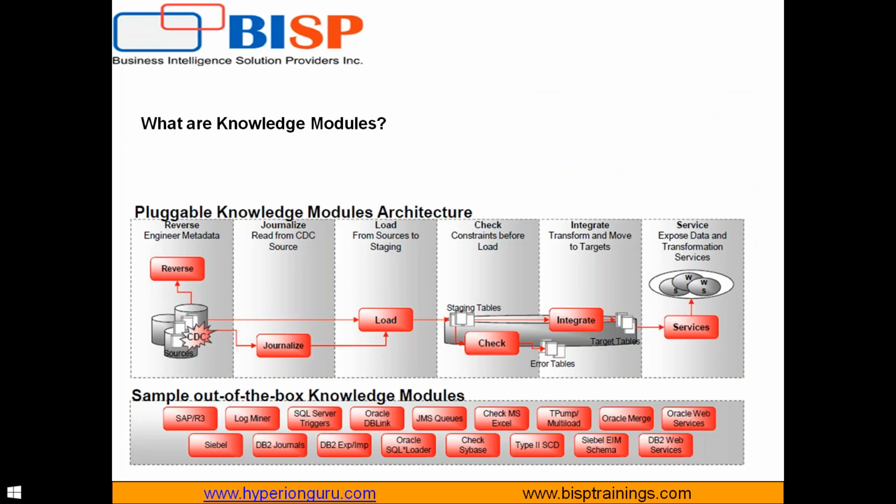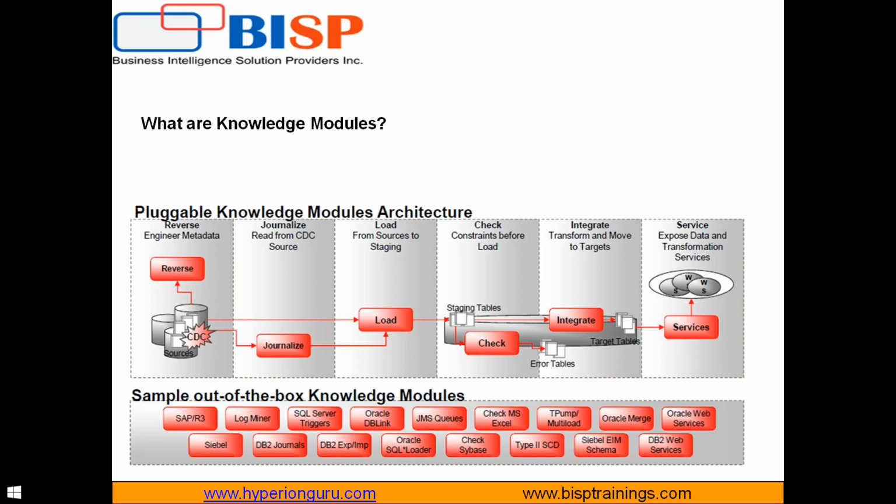There are 6 groups of knowledge modules, which are called RKM, JKM, LKM, CKM, IKM, and SKM. These are the 6 categories, and in each category there are a couple of KMs available. Probably we will discuss more about each group, each knowledge module, and understand which one to use in what condition.